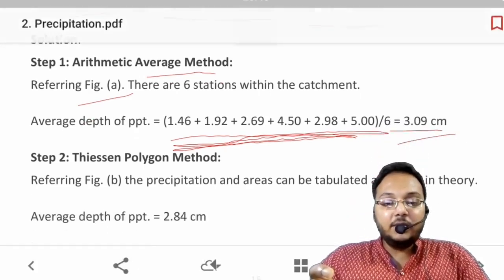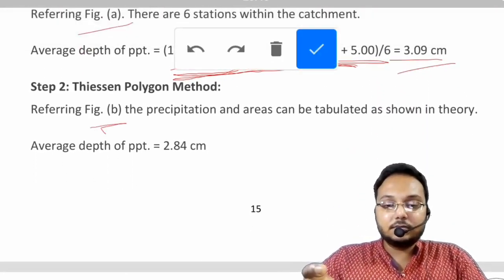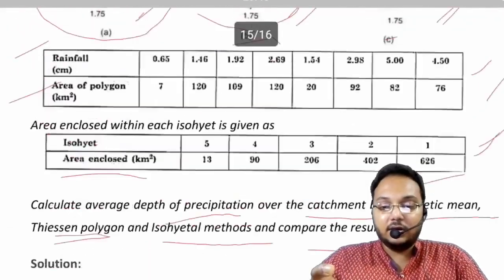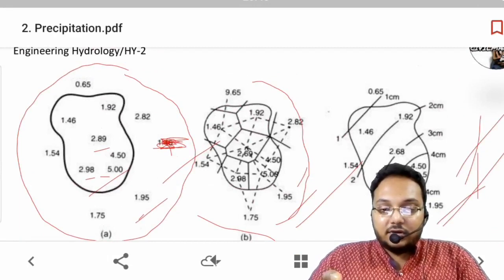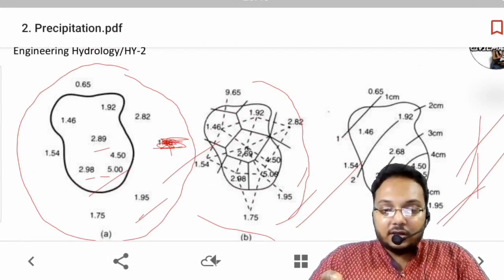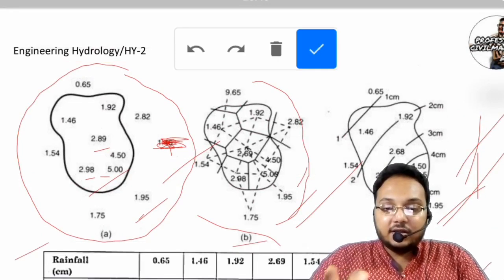Next is the Thiessen polygon method, and for this you need to refer to figure B, which is this one. So just try to observe one thing. They have again included the catchments which are inside the basin, and you see that each polygon represents one gauging station only.